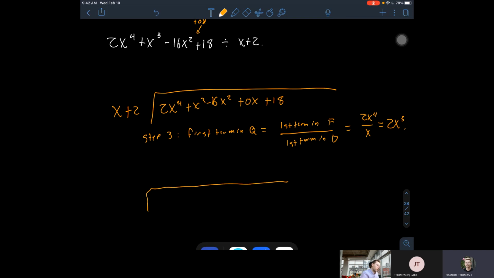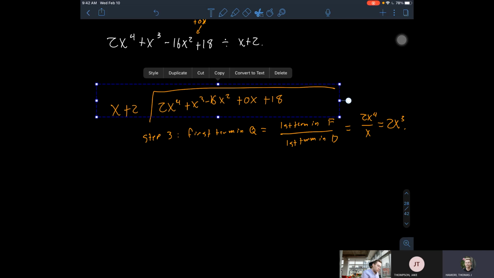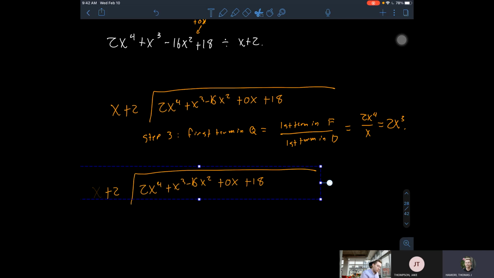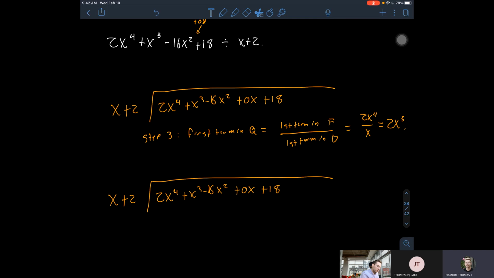So that tells us that the first term should be 2x cubed.